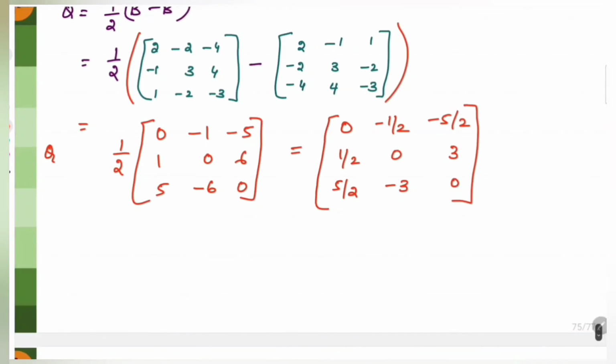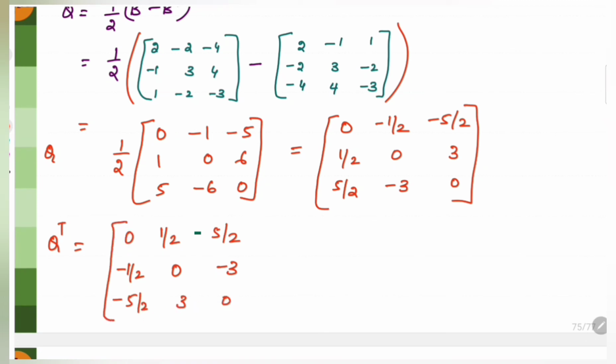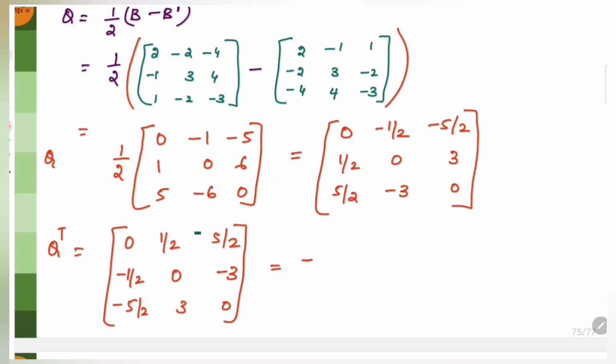Now let's take the transpose of Q. The transpose of Q is, let's interchange. So it's going to be 0, half, 5 by 2, minus half, 0, minus 3, minus 5 by 2, 3 and 0. So I have interchanged the rows and columns. Now if you notice, elements are same, just that the signs are opposite, right? Which means let's take minus outside. We're going to get minus of 0, minus half, minus 5 by 2. The signs are going to get swapped basically.